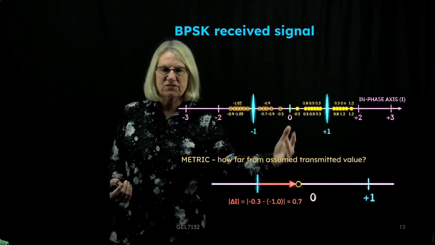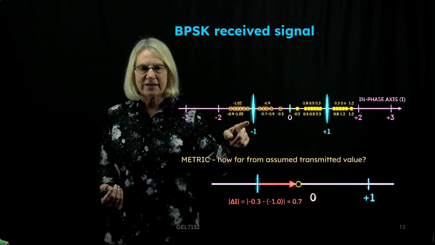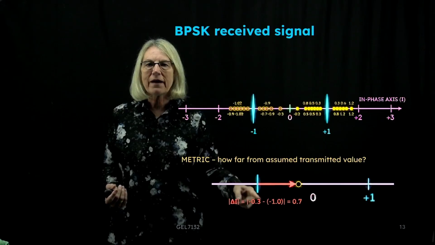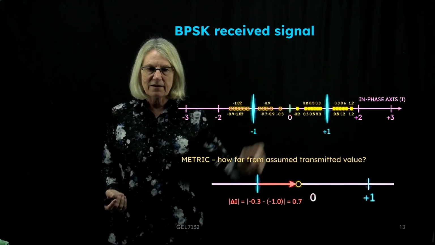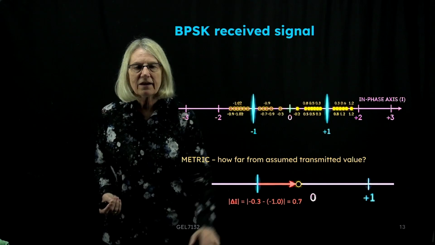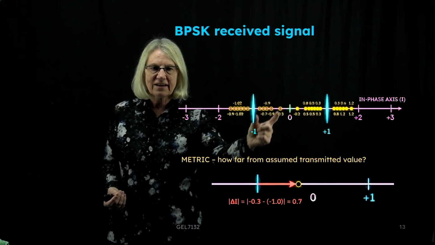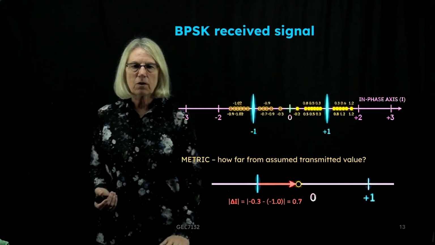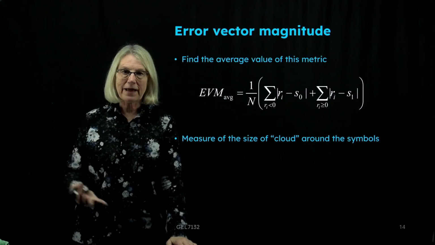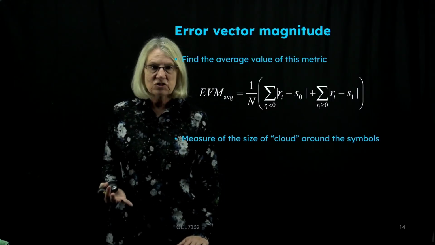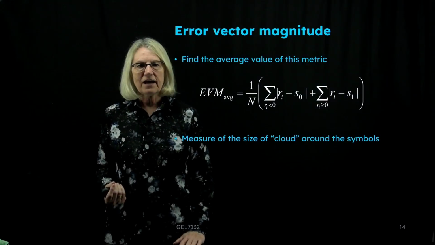Everything to the left is 0, which I'm going to assume was a -1. So how far from -1 are they? For instance, if I take this one, which was at -0.03, how far is that from the -1? It comes to 0.7. That's for one point, but of course the error vector magnitude looks at all of the points. So it takes the average value.